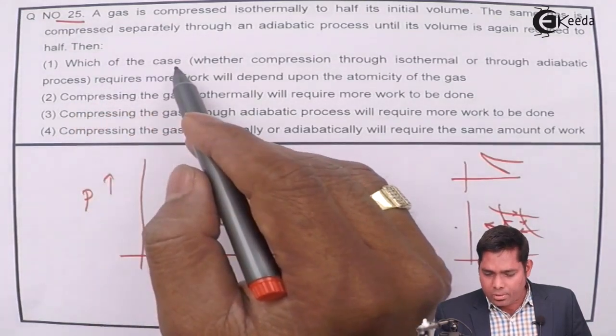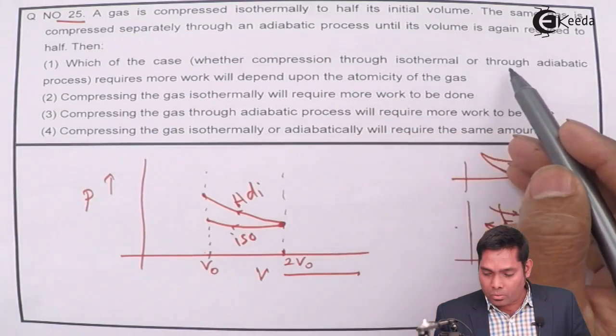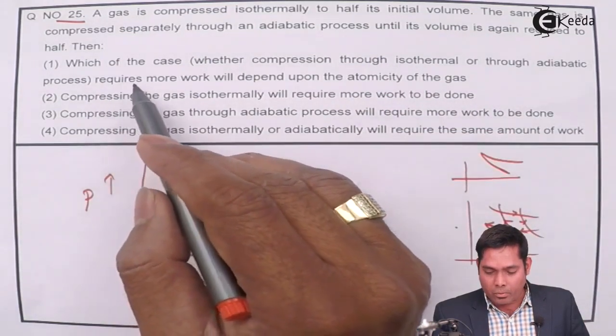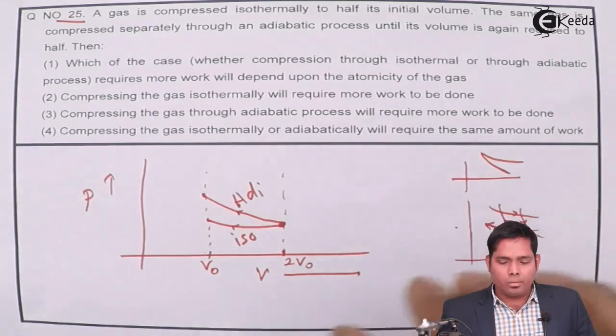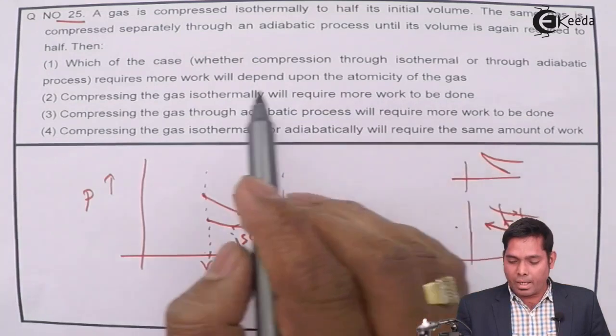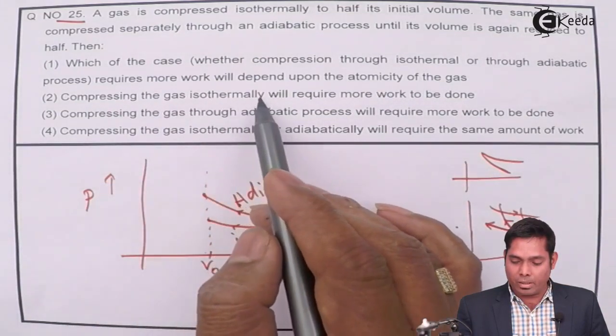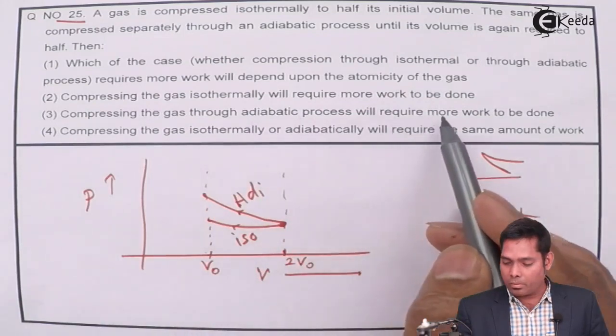Which case, compression through isothermal or through adiabatic process, requires more work? More work will depend upon the atomicity of the gas. Compressing the gas isothermally will require more work done. Compressing the gas through adiabatic process will require more work done.